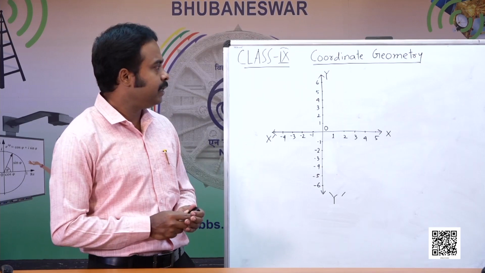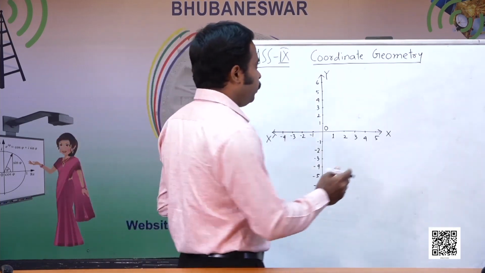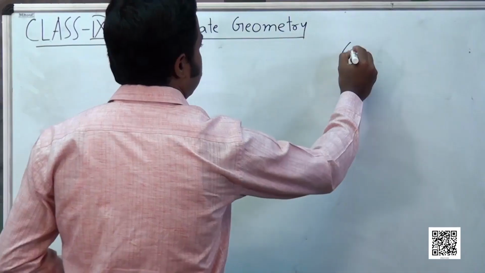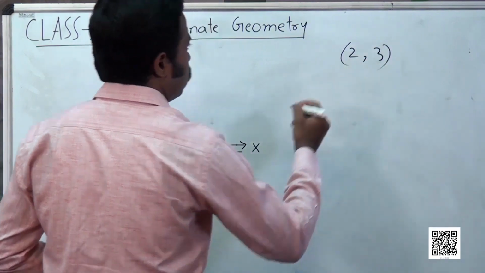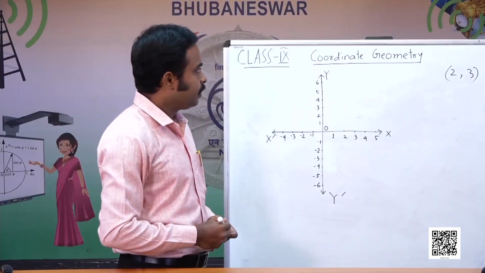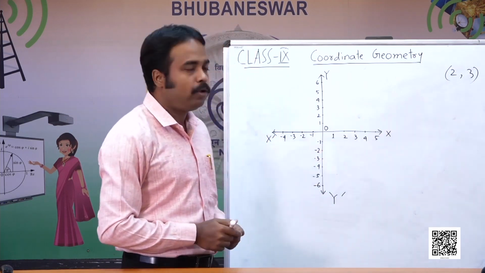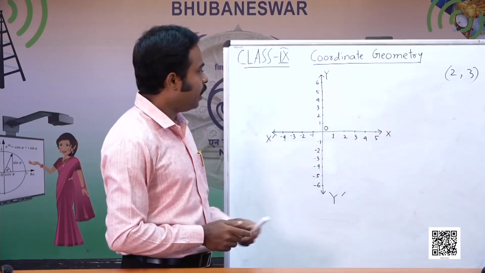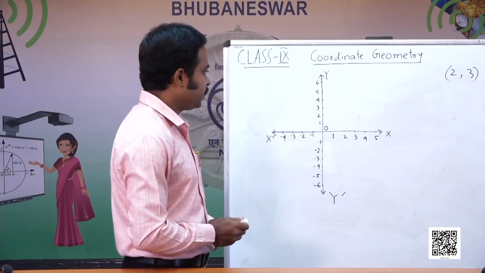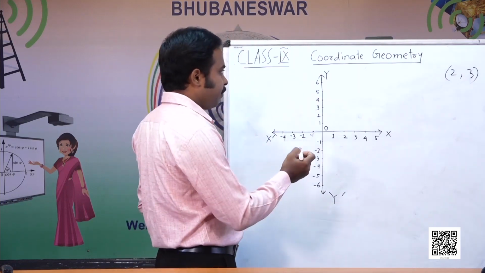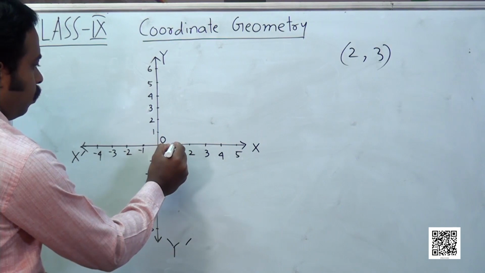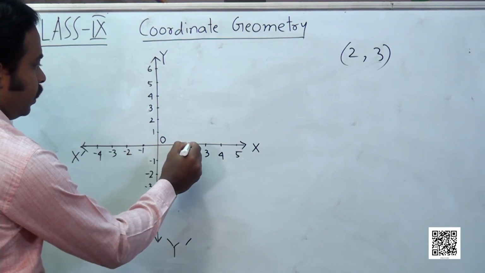So, let us take (2, 3). If we want to plot this point, how can we plot it? We have to go 2 units along the x-axis, that means 1 unit, then 2 units.